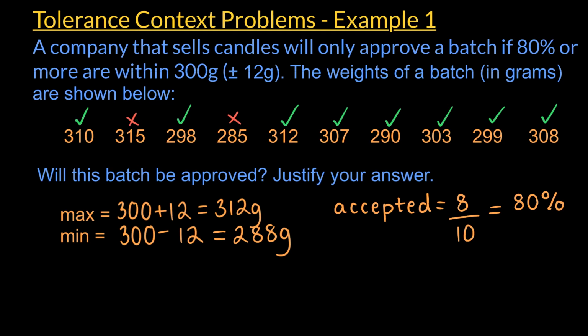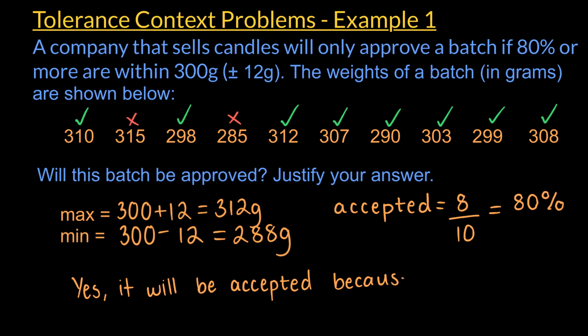And again, we've still not answered the question because we have to say yes or no. Will this batch of candles be approved? Because it says 80% or more, we can say yes, it will be accepted, because 80% of the candles are within our tolerance interval.